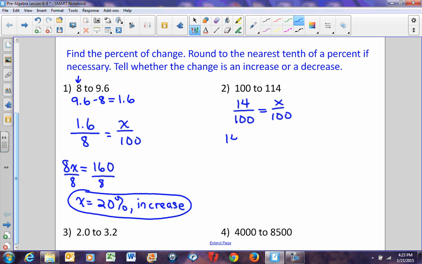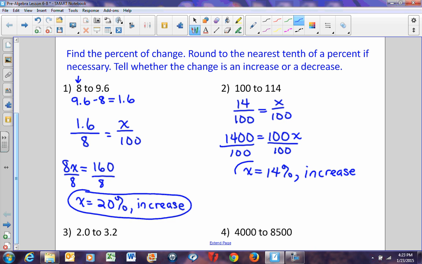Cross multiply. 1400 equals 100x. It doesn't matter which side of the equation your variable is on. Divide by 100. X equals 14. So it's 14%, because it's a percent of change. And again, my number went up, so it's an increase.